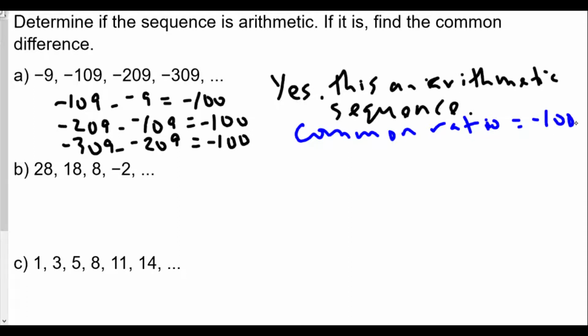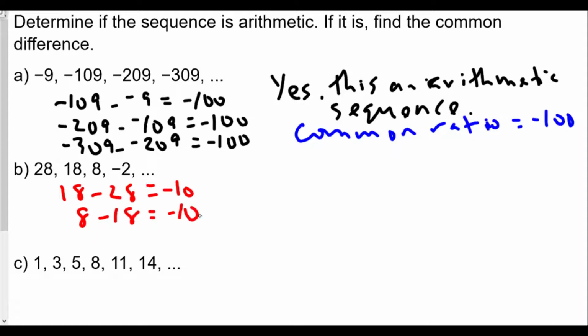Okay, let's try this out for B. All right, so let's take a look here. We'll take 18, the second term, minus 28, the first term, and we get -10. We'll take the third term, 8, minus the second term, 18, and we get -10.